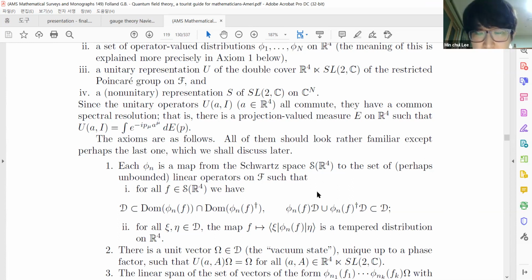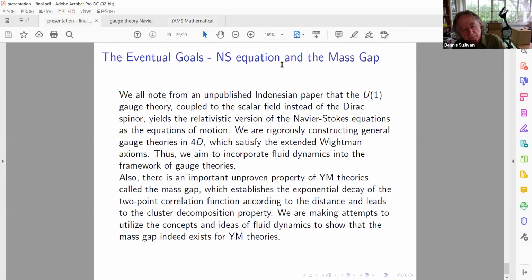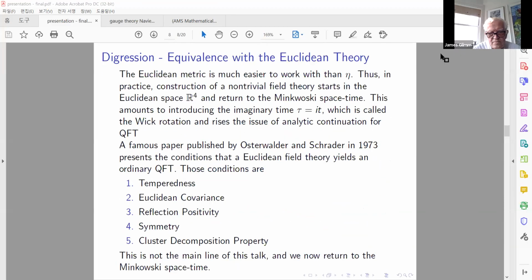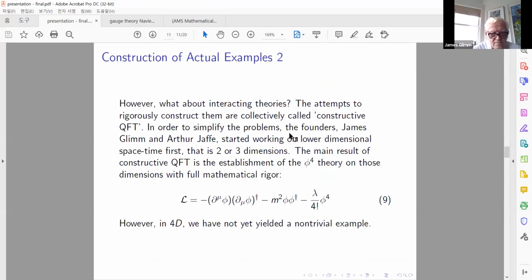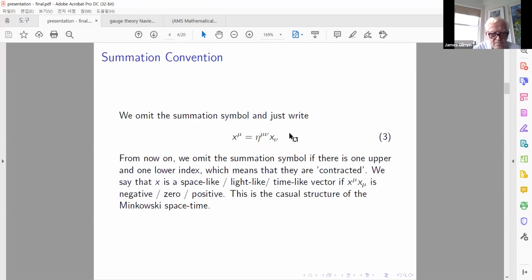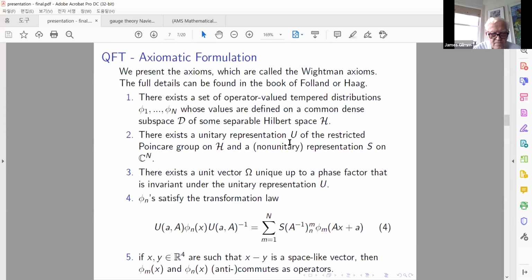Okay, go back to there, please. Can you find that axiom? Axiom 5.